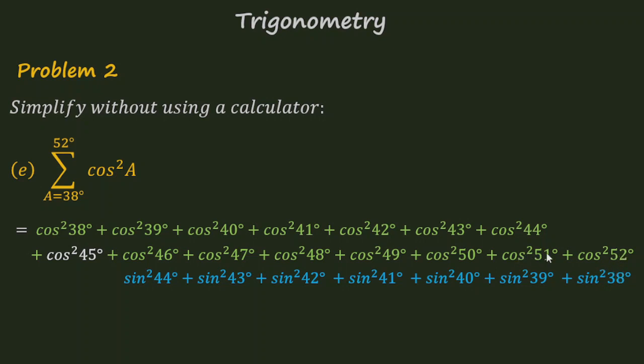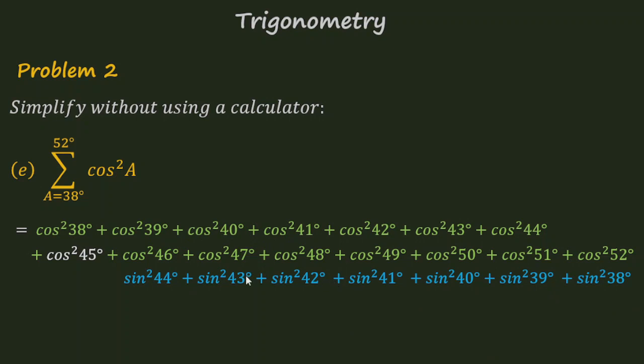Cos squared 51 degrees is the same as sine squared 39. The two add up to 90 degrees. So we could do the same all the way up until 45, and we have nothing more to do. So if you look here, we've actually reversed up until 44. So we have this one and that one, this and that, this and that.